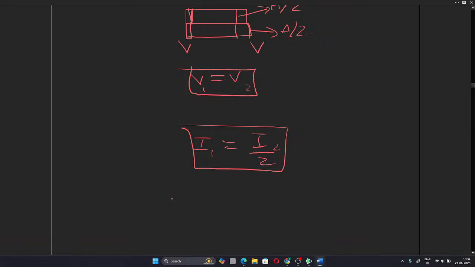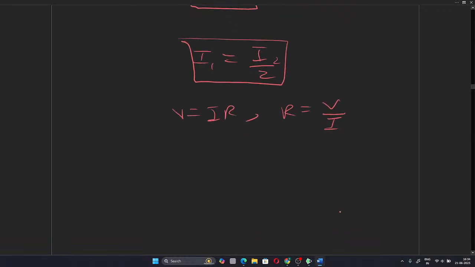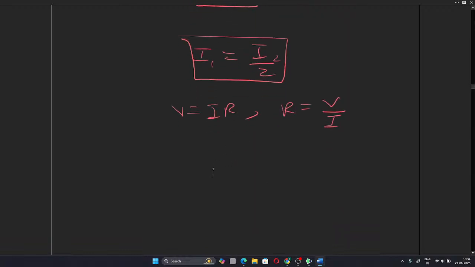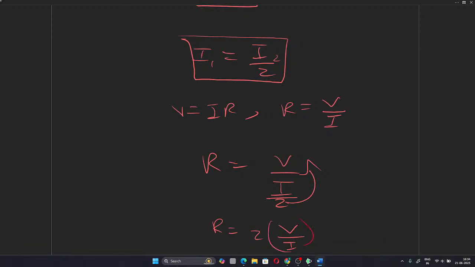If we apply the formula, V equals IR and R equals V by I, then R equals V by I by 2, and 2 will come up. R equals 2 times V by I, which is nothing but R2 equals 2R1.